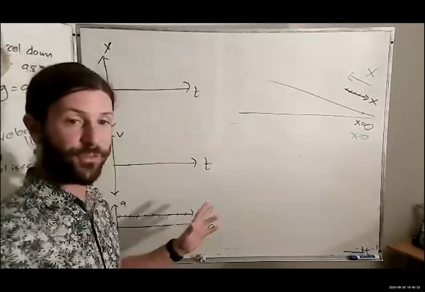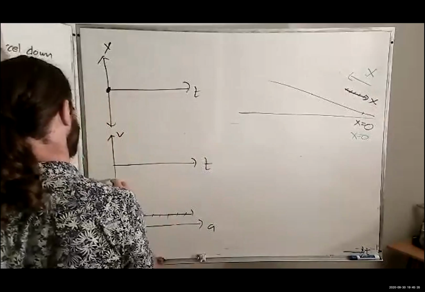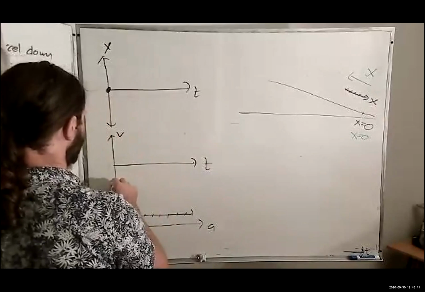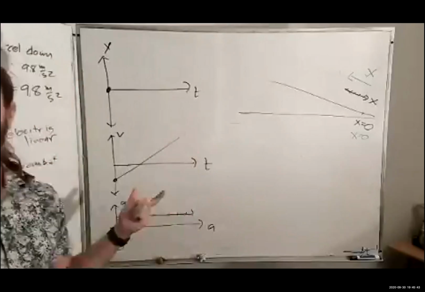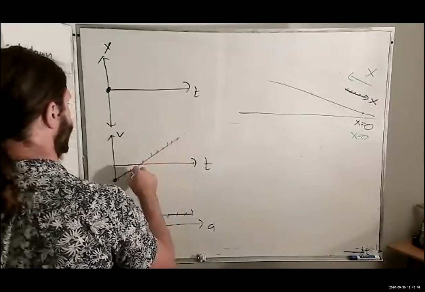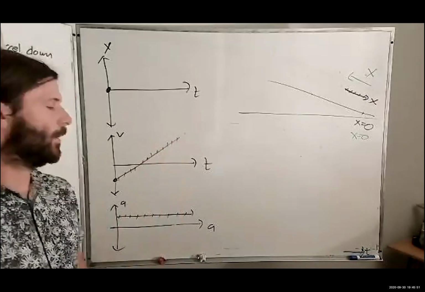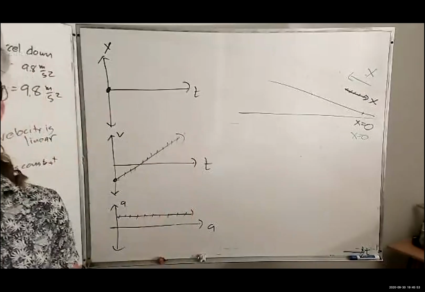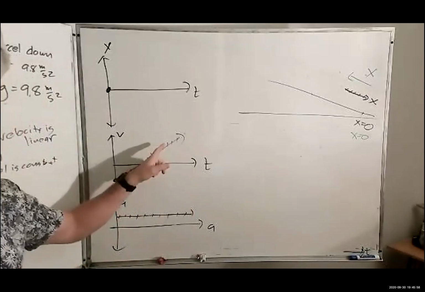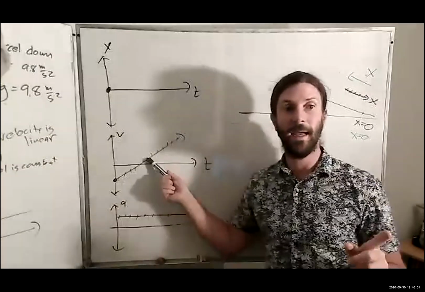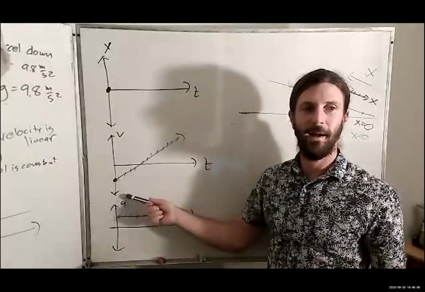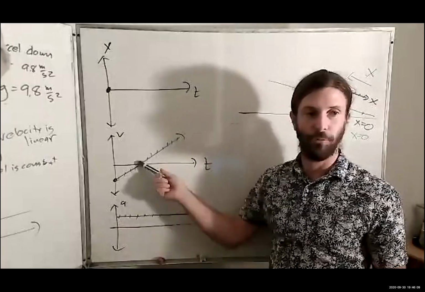So velocity, as Carmen said, is initially negative. I think it's going to look like this. I'll put an arrow here. It's initially negative, and this is a line because it's changing at a constant rate.